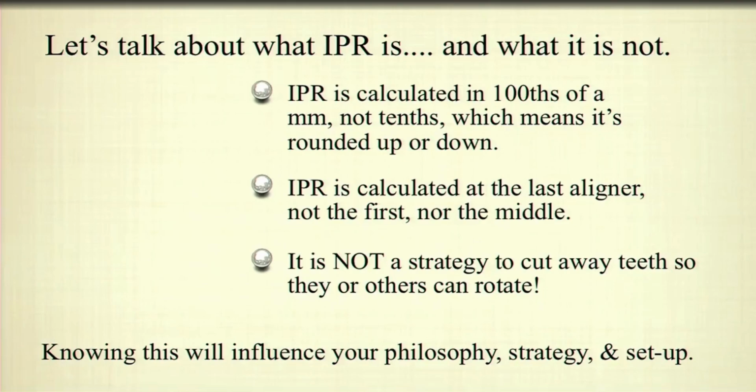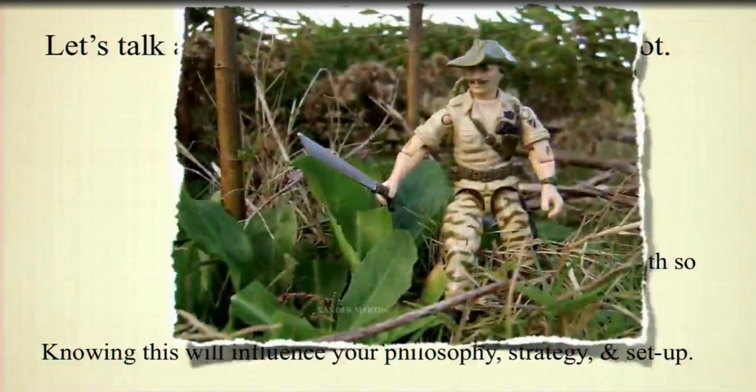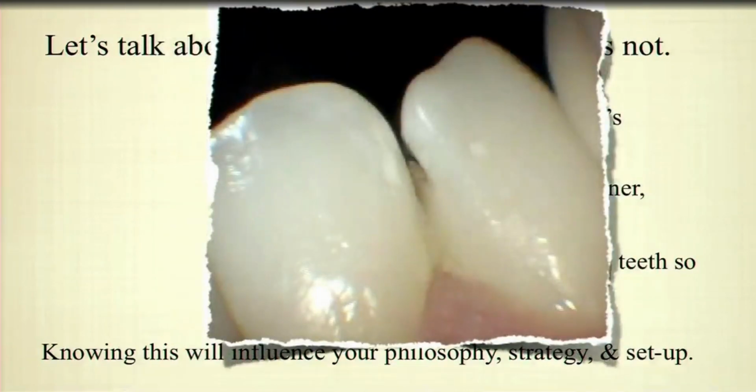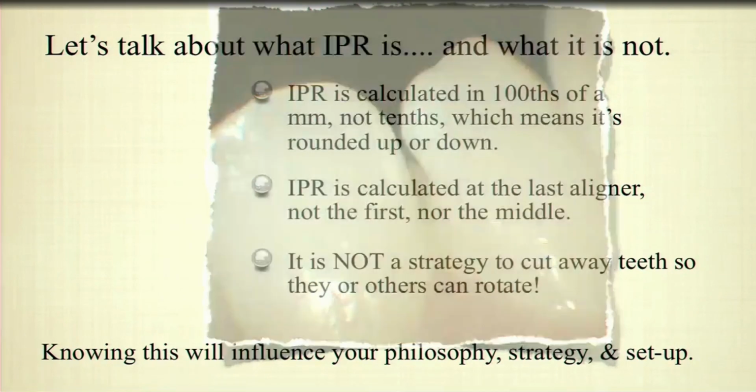What I'd like to try to persuade you not to do is hack your way out of the jungle. Don't get out your machete and start swinging. I'm going to make some space here so these darn teeth will move. That is not helpful to your strategy. That's what happens when you take crowded teeth and try to hack your way out of the jungle. Ask me how I know. No, that wasn't mine, but, you know.